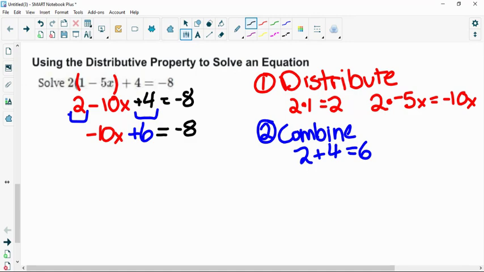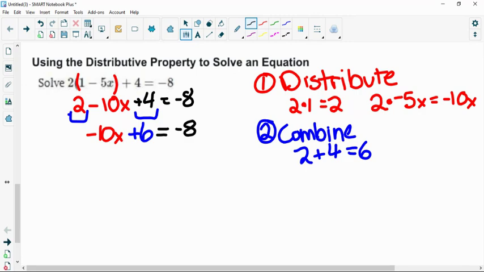For step 3, x is already on one side of the equal sign, so I will move beyond that. And now we can take a look at, do we have any constant numbers that we can add or subtract? Once again, look at what's happening to x.